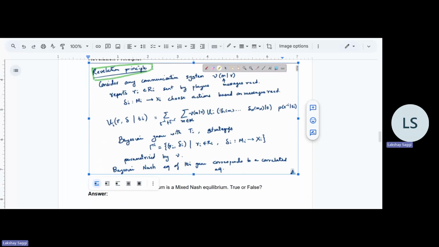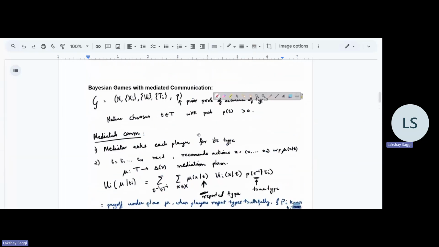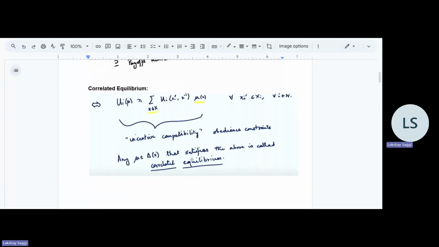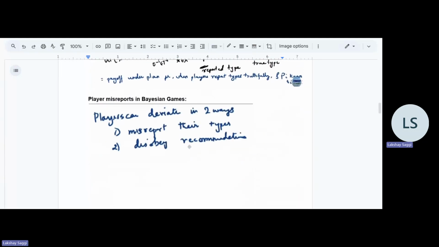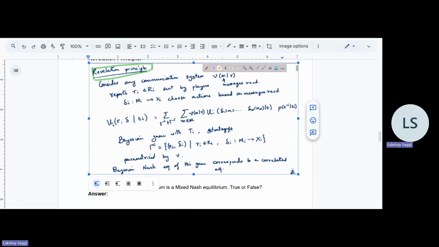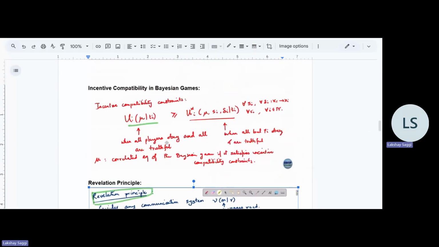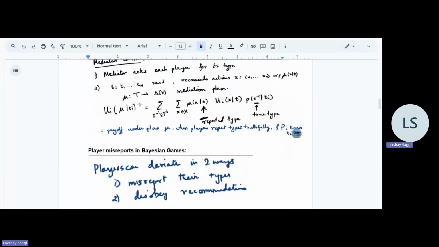Finding the equilibrium of this whole communication system might be difficult, and one might wonder what's all going on, but one can model this as a correlated equilibrium problem, and we know how to handle correlated equilibria, because they just require incentive compatibility. A small example of this is the incentive compatibility in Bayesian games itself.